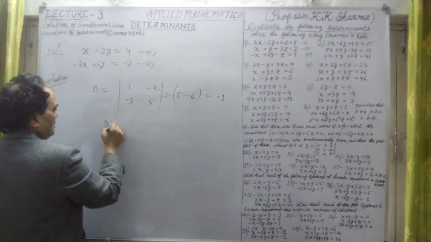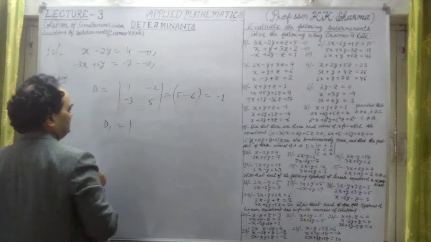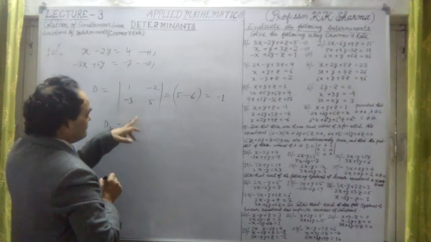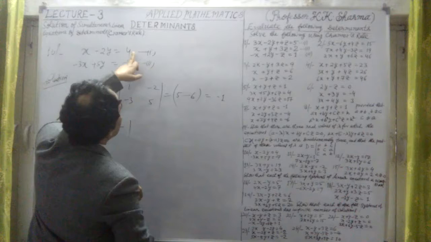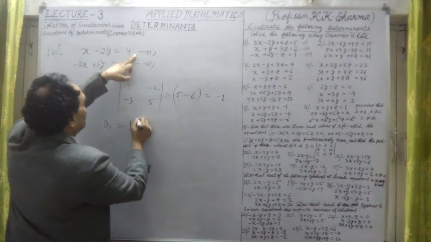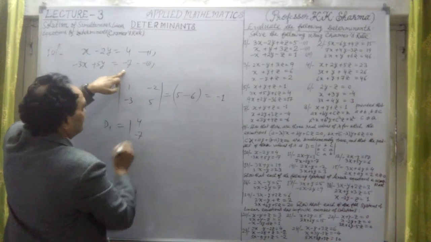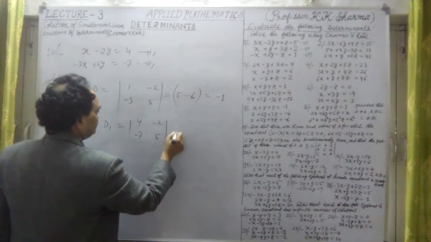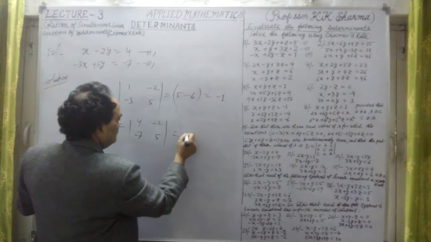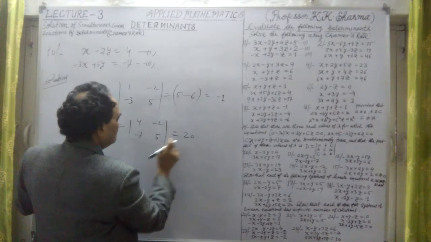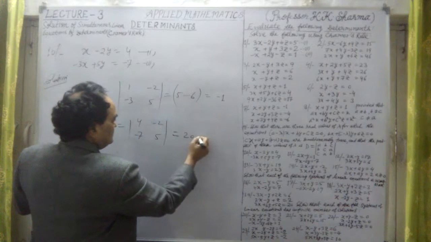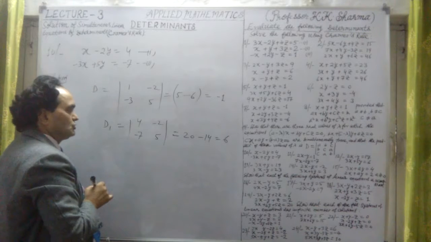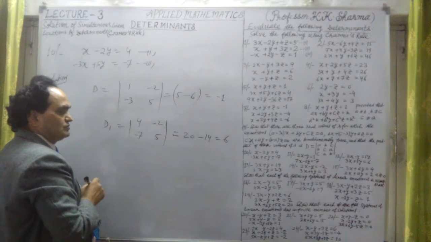What is D1? In case of D1, the coefficients of x are replaced by the values of the equations, 4 and minus 7 in place of 1 and minus 3, with minus 2 and 5. That gives 20 minus 14, equal to 6.